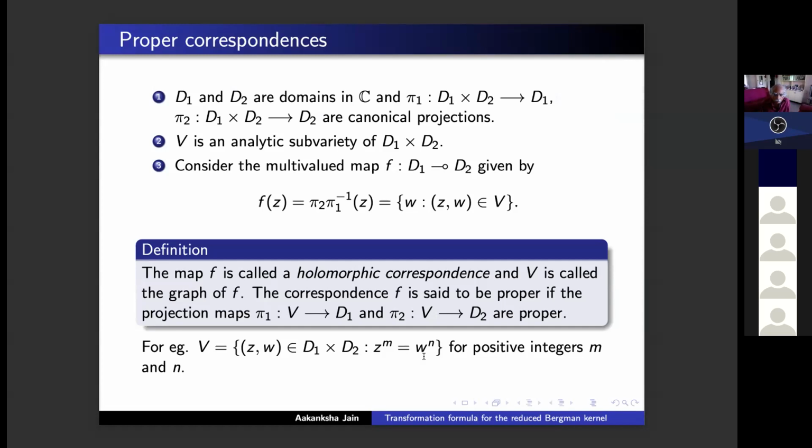So rather than limiting to multi-valued maps, simply going with subvarieties of the product domain, where the dimension is the same as the dimension of the product domain, and demanding that the projection maps are proper.